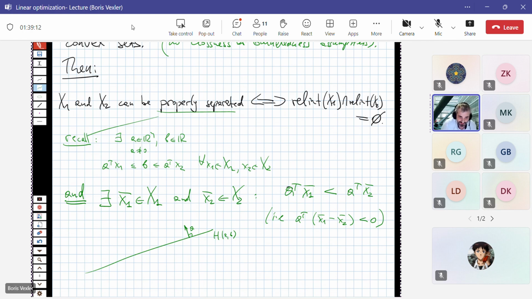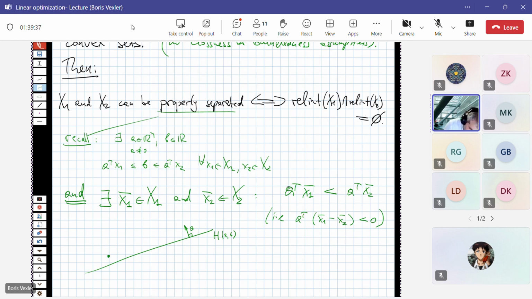Then we can find a point x1 bar in X1 and x2 bar in X2 such that the difference between them is not orthogonal to A. We know, of course, this is less or equal than 0, but we get here strictly less, and therefore this is not orthogonal.